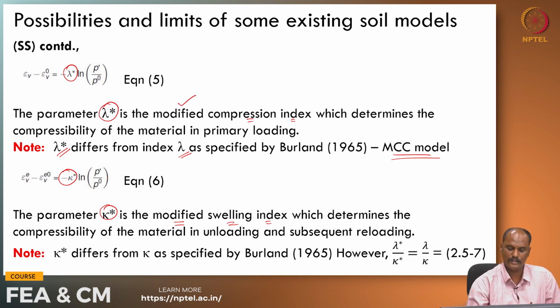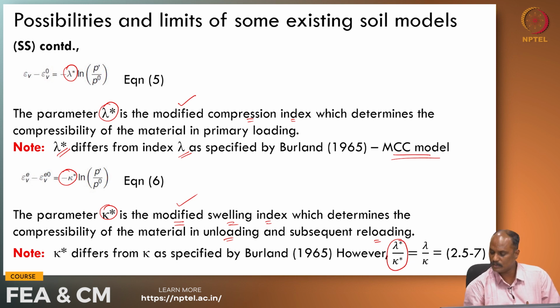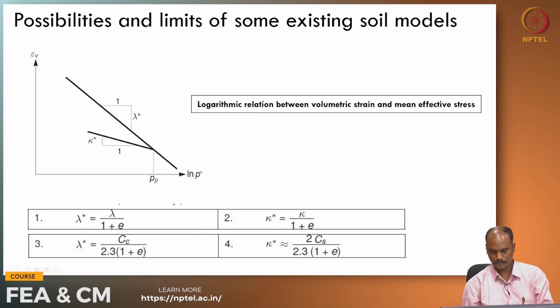Now we have additional terms called modified swelling index and modified compression index, especially in the case of unloading and subsequent reloading. And most importantly, we have to notice that the ratio of lambda star and kappa star is equal to the ratio of lambda and kappa, but lambda star and lambda are different, kappa star and kappa are different. Usually the range is between 2.5 to 7. So this is a thumb rule.